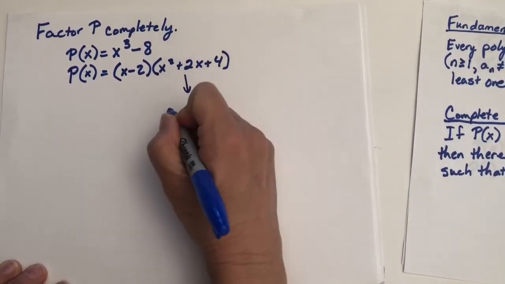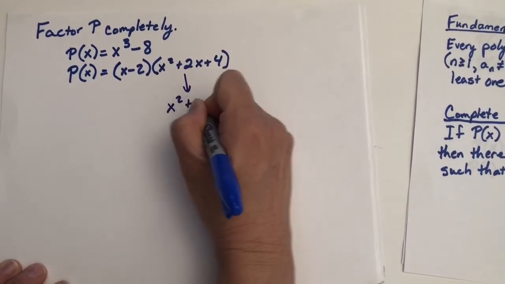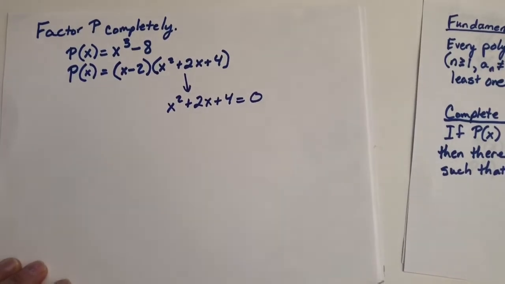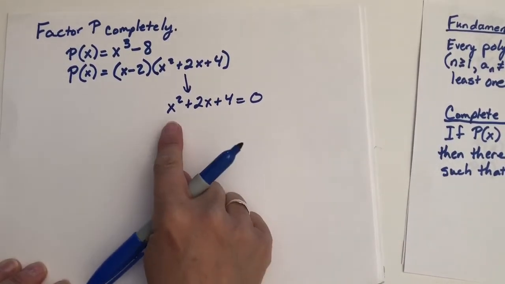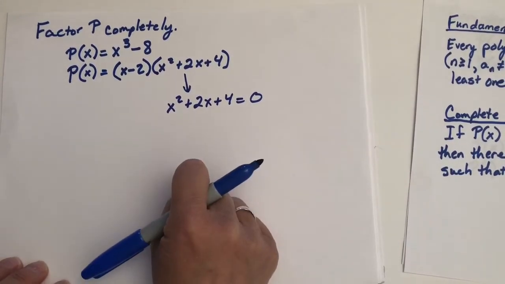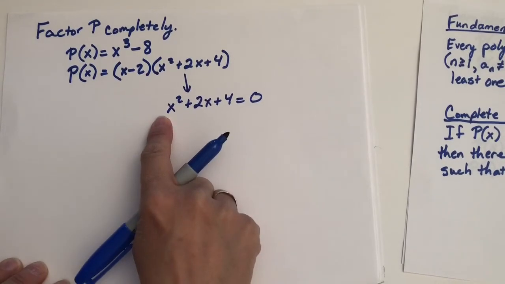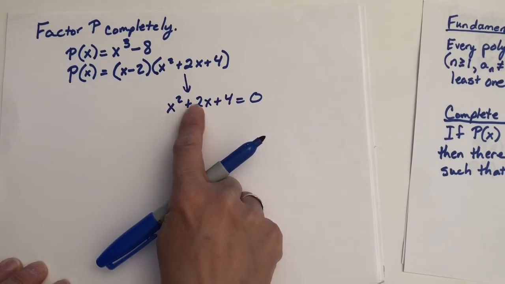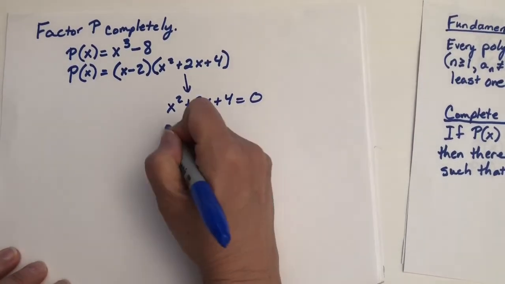Let's find the zeros. We said x squared plus 2x plus 4 equal to 0. And solve. You could complete the square or use the quadratic formula. Since the leading coefficient is 1 and the linear coefficient right here is even, I'm going to complete the square.